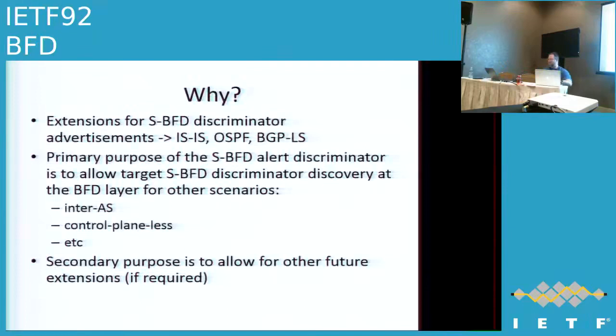So, presenting the seamless BFD alert discriminator. This is sort of the last piece of the puzzle for me as the SBFD core functionality. So why is this needed? Well, we do have the extensions to advertise the seamless BFD discriminators through IGPs. There are also BGP-LS extensions from some of the members in this room. So we have that already, but for other uses, like inter-AS or cases where there is no control plane running that can advertise the discriminators, what do we do?